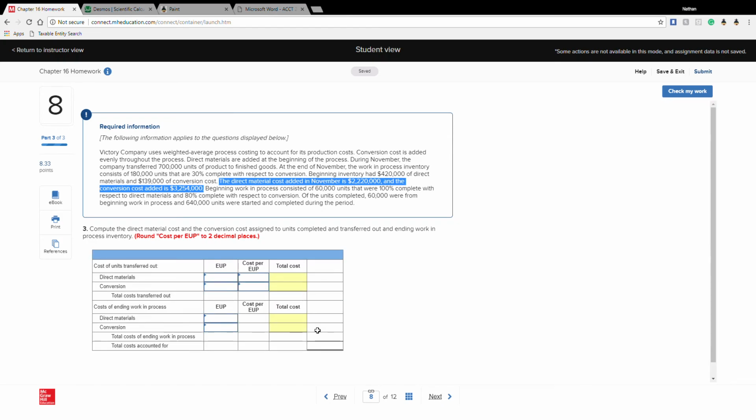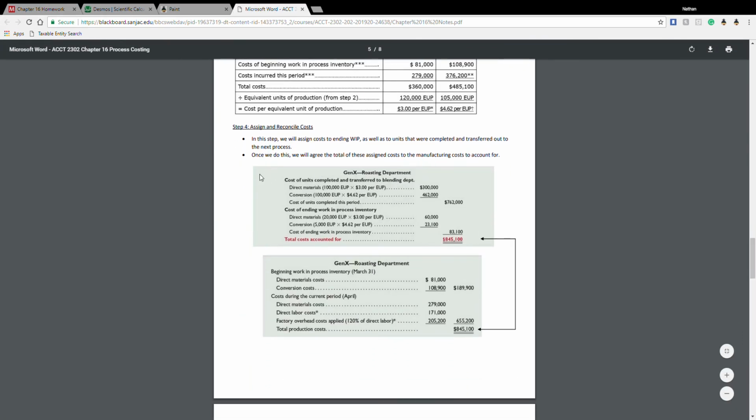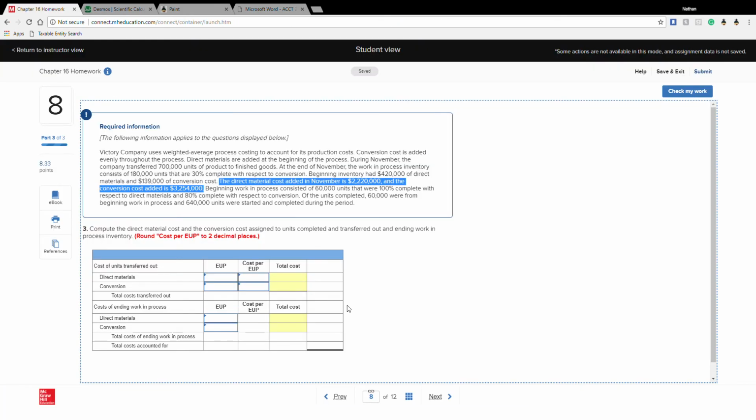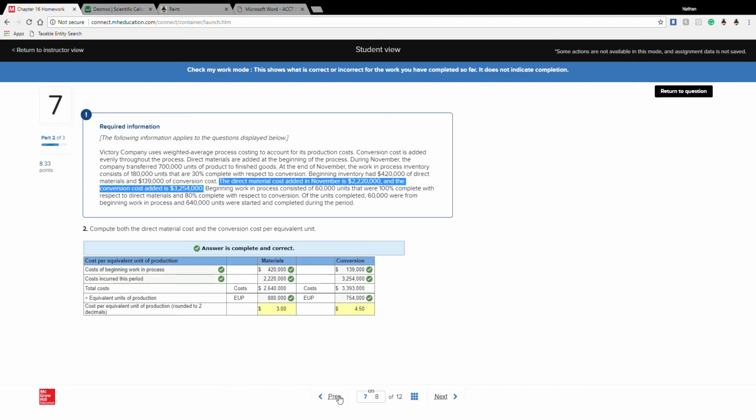Question 8 has us doing basically the same thing as step 4, this little chart right here. So first we have to put in our E-ups. Units completed is always going to be the same: whatever we transferred out. So 700,000 units. For cost, we have to go back to question 7.